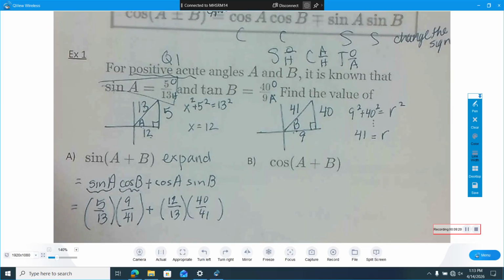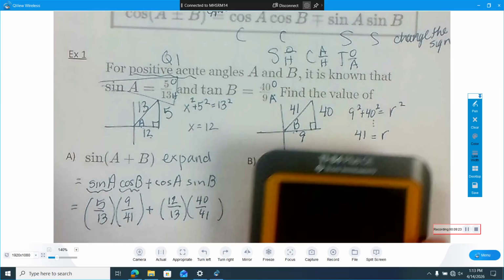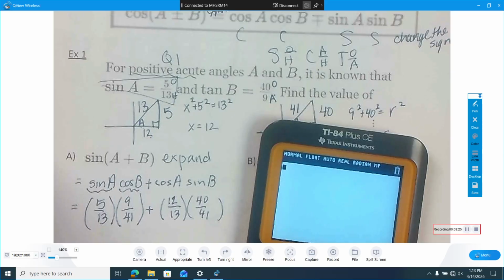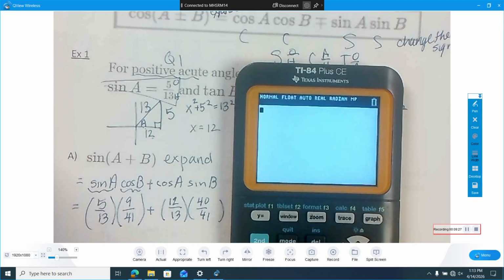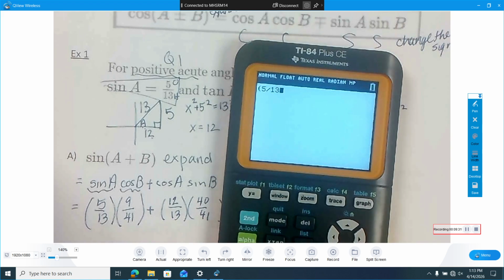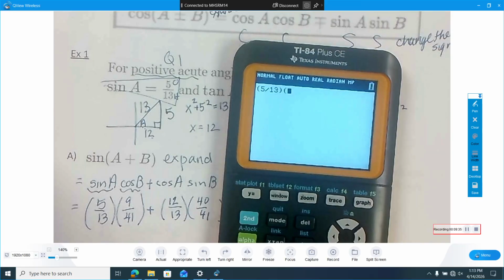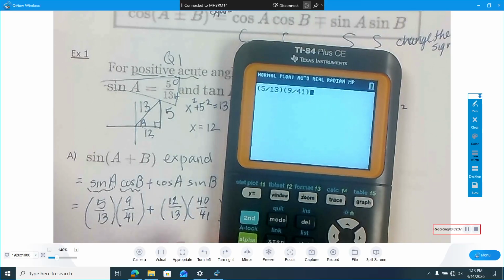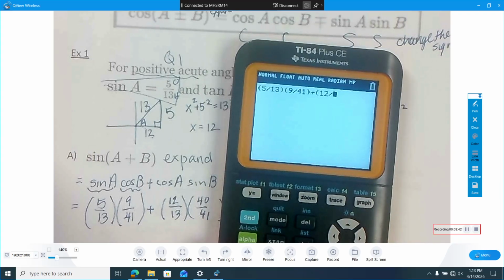And then, of course, once you have that done, the rest is just calculator work, which is nice. And so I'm just going to go ahead and basically type this in. Oh my God, my contacts aren't working anymore. 9/41 plus 12/13 times 40/41.